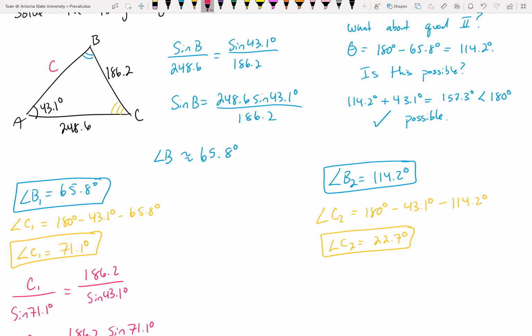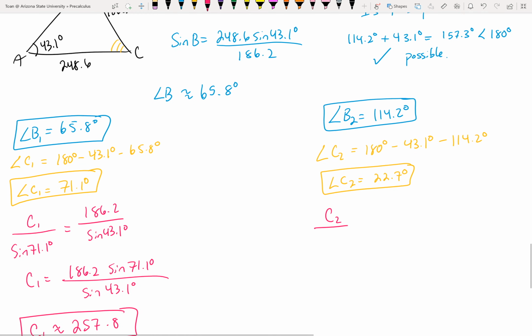And then you have to basically do law of sines again with this new angle. So I'm calling it C sub 2 because we're using information gathered from angle B sub 2. So C sub 2 over sine of 22.7 degrees equals 186.2 over sine of 43.1 degrees.